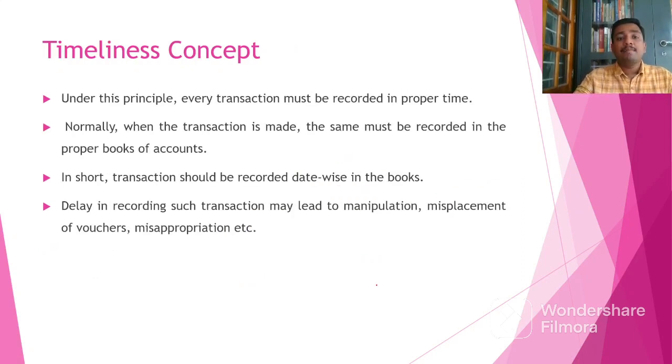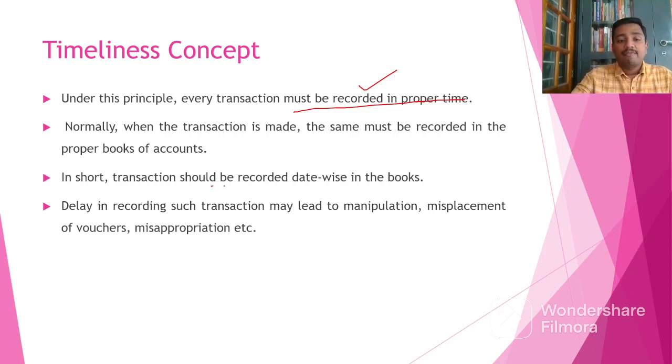Next one, the timeliness concept, which means all the transactions are to be recorded into the books of accounts at the proper time. Don't wait or postpone the transactions to a future period. We may lose some of the transactions, we may forget some of the transactions. So all these things will happen. This principle says that every transaction must be recorded into the books of account at the proper time, as and when it happens.